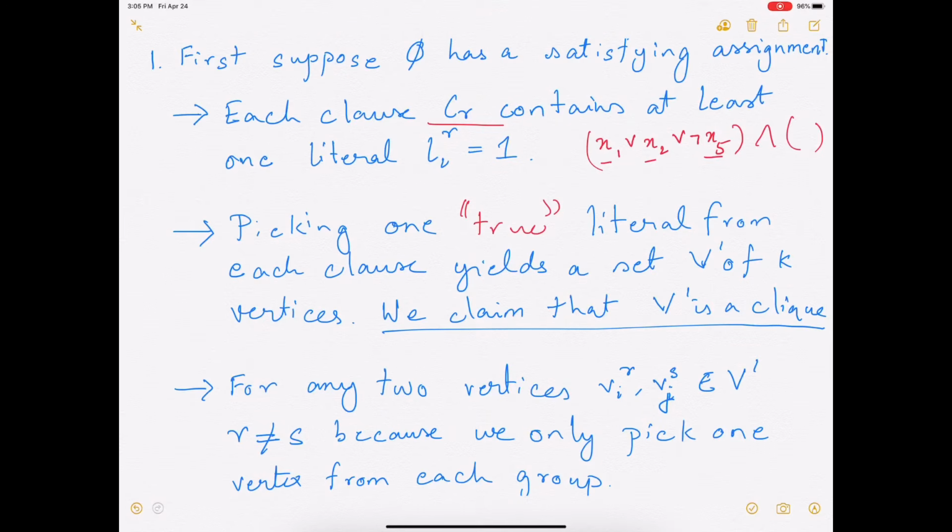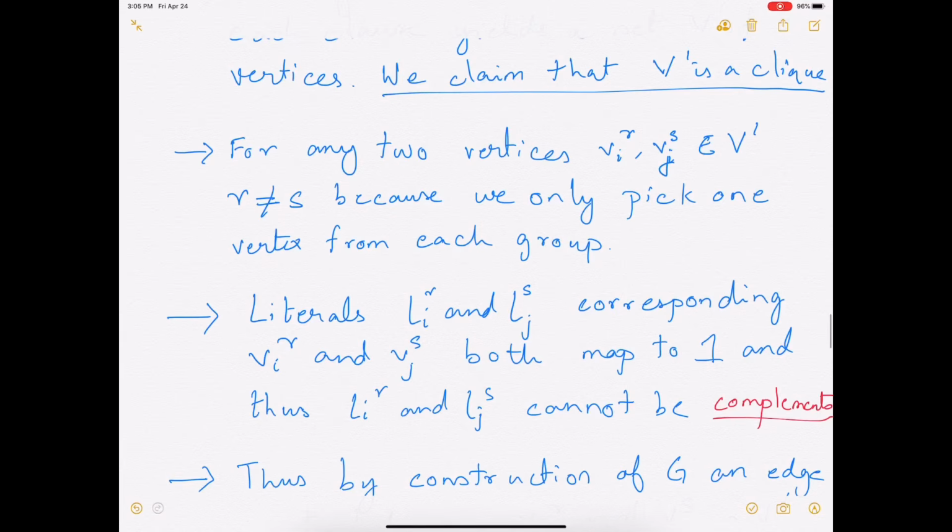Any two vertices we pick are not in the same group; they are in different groups. So that part is already taken care of. Now, literals LIR and LJS, corresponding to VIR and VJS, both map to 1. These two literals cannot be complements, because otherwise they wouldn't both map to 1.